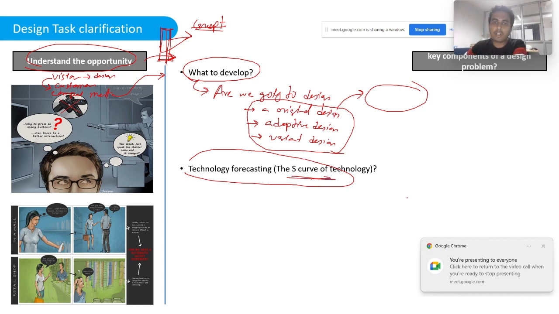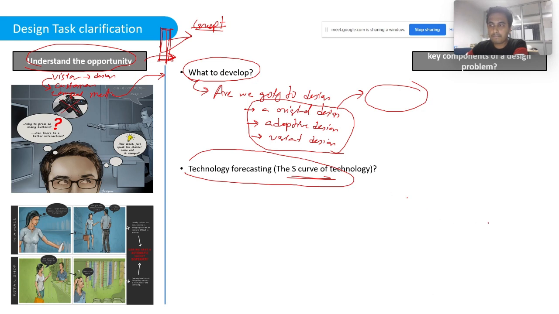Have you heard about the term S curve? What an S curve says is that technology development occurs in the shape of the letter S. So this basically defines the technological growth over time.